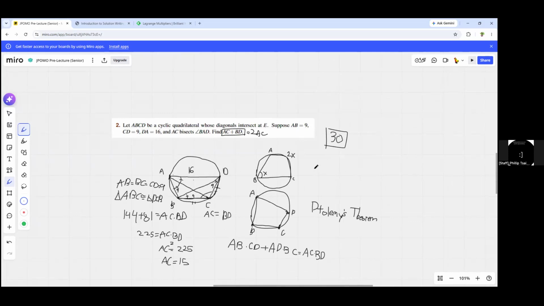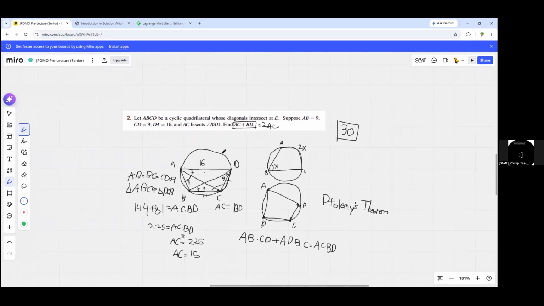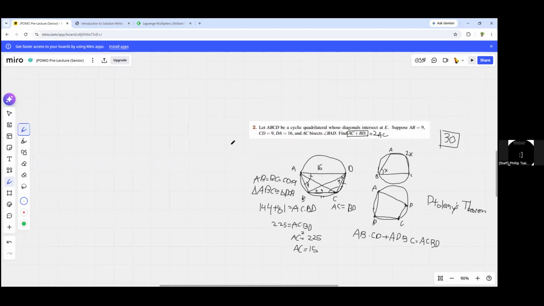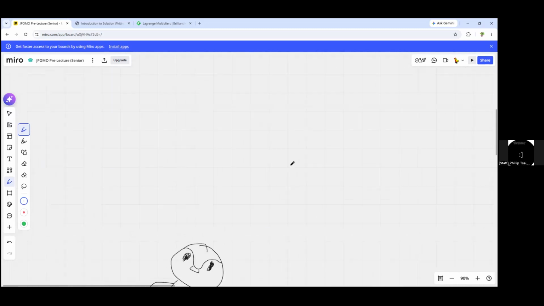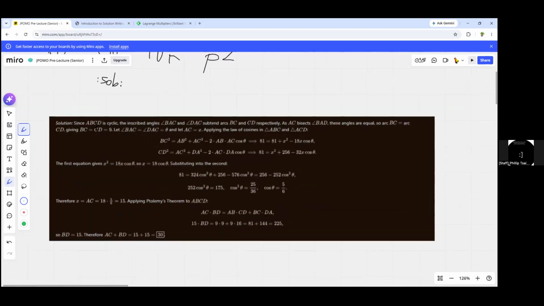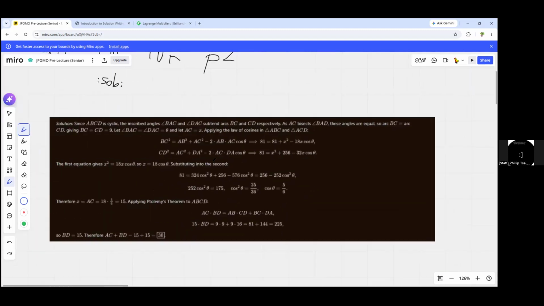Oh yeah, by the way, just a side note here, you can also prove this using law of cosines and a lot of bashing, but it's not particularly the most efficient way to do the problem because you're going to have to do a lot of algebra.